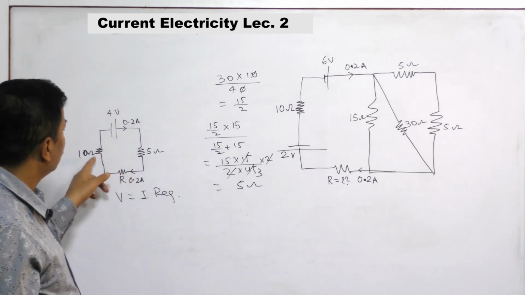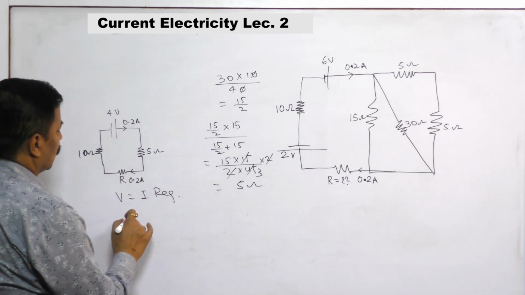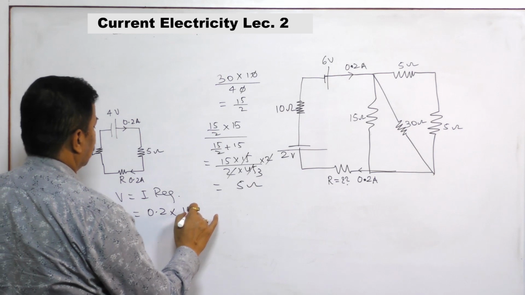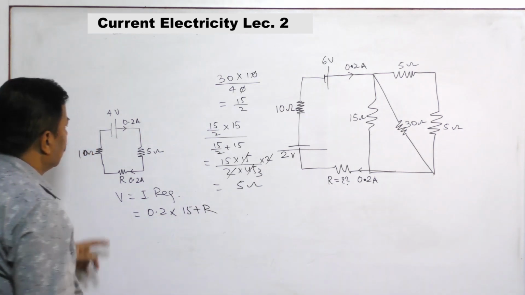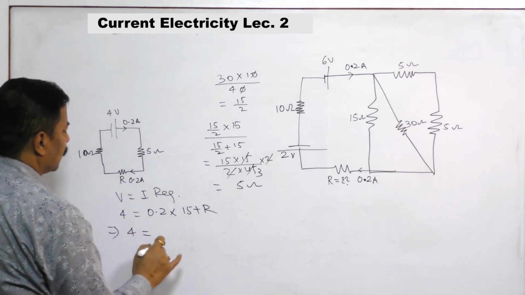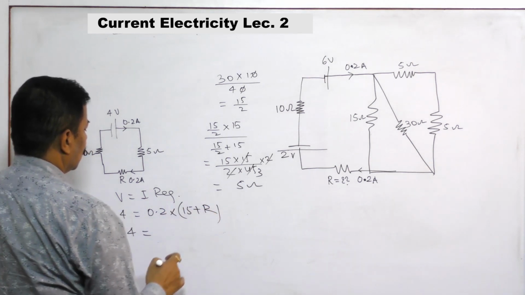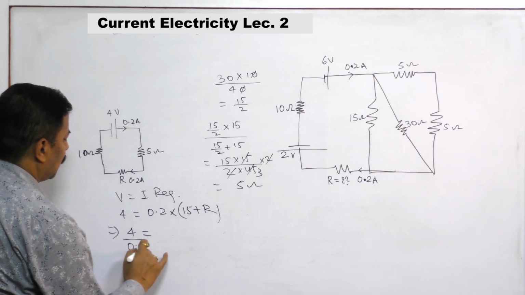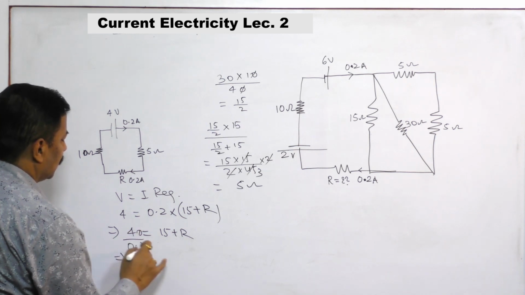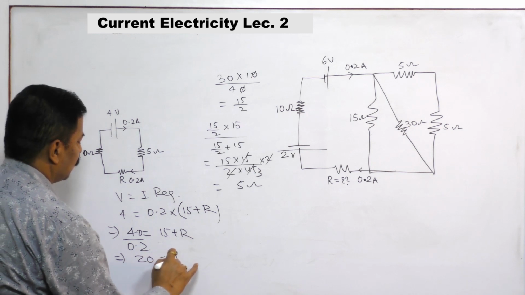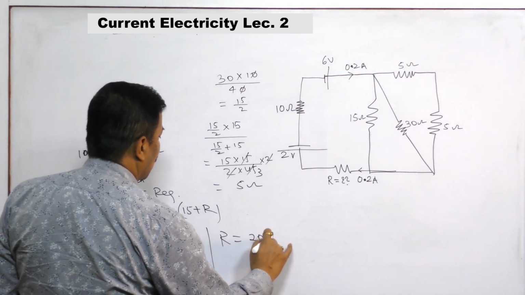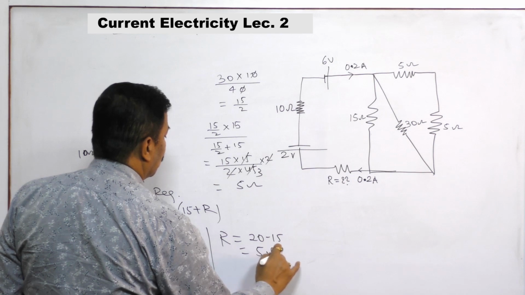R equivalent is how much? 10 plus 5 plus R. So 4 equals 0.2 into 15 plus R, so 4 by 0.2 is 20 equals 15 plus R. So R equals 20 minus 15, that is 5 ohm.